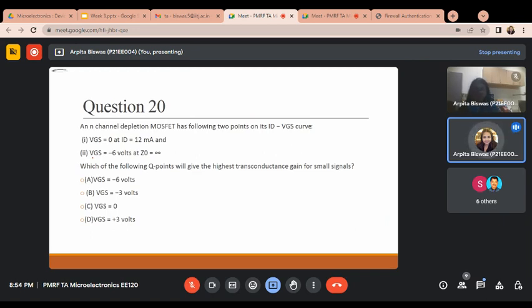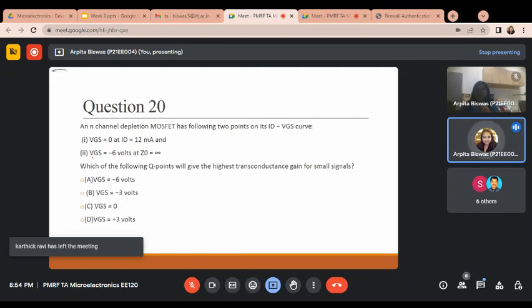An N channel depletion MOSFET has the following 2 points on its ID VGS curve: VGS equal to 0 at ID equal to 12 milliamps, and VGS equal to -6 at ID equal to 0. Which of the following Q points will give the highest transconductance gain for small signal? First option is VGS -6, second option is VGS -3, then VGS equal to 0, and VGS 3.